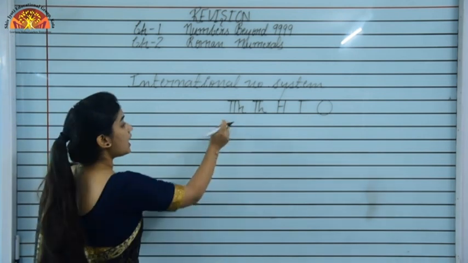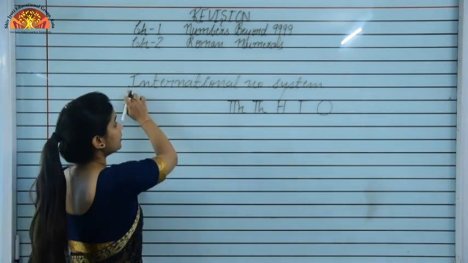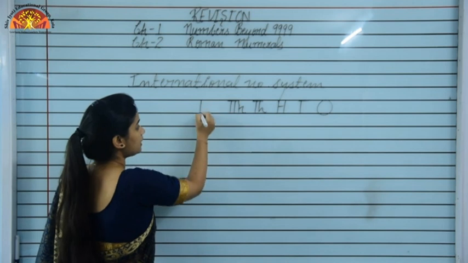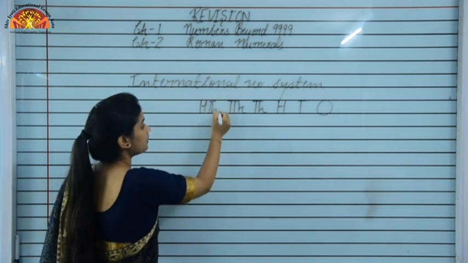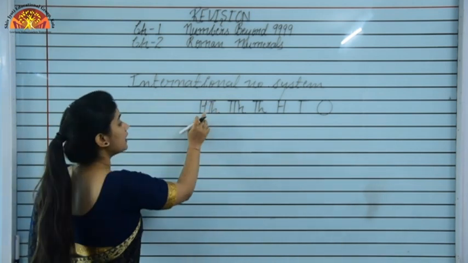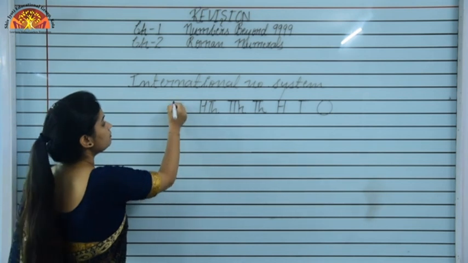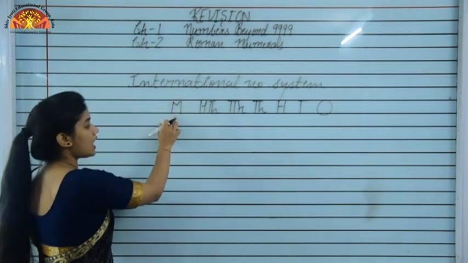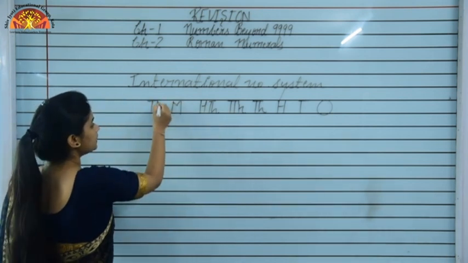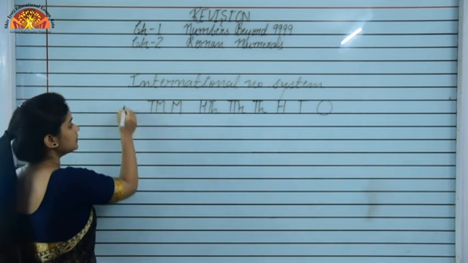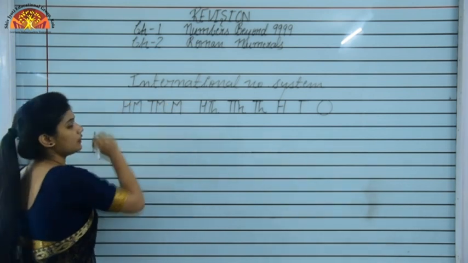Understood? After 10,000, according to the international number system, 100,000s will come. And after 100,000 will come millions. After million, 10 million, and after 10 millions, 100 millions will come.